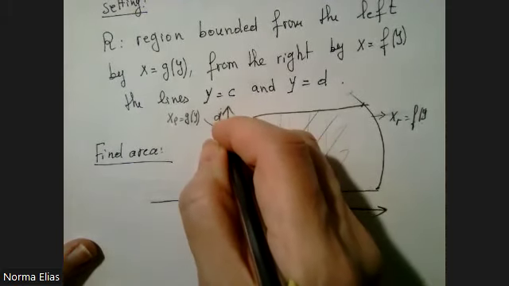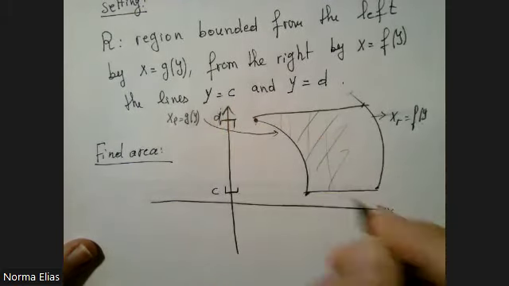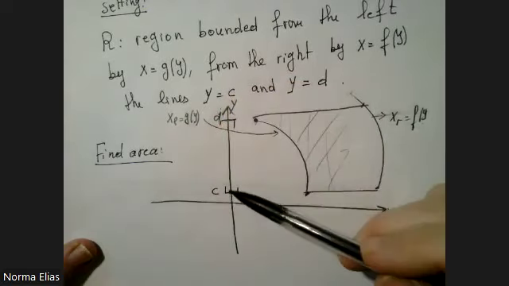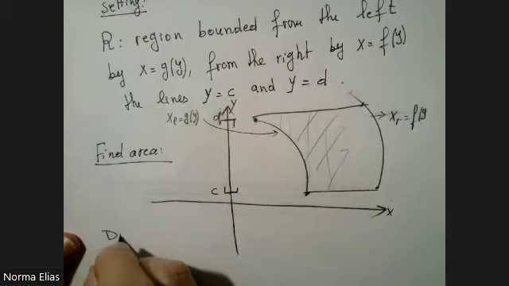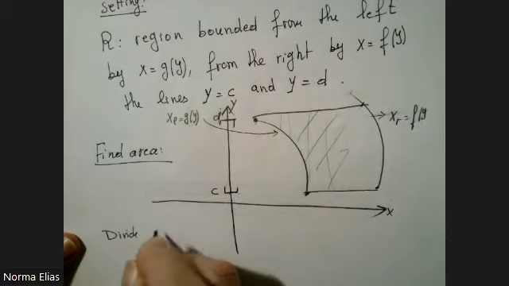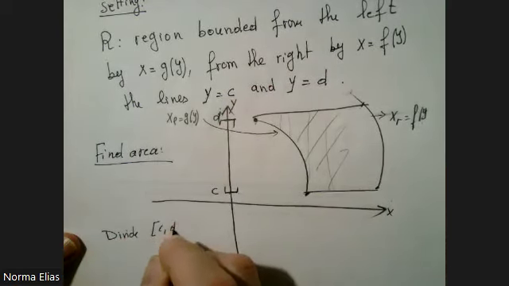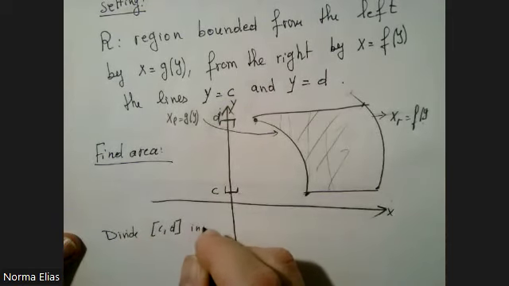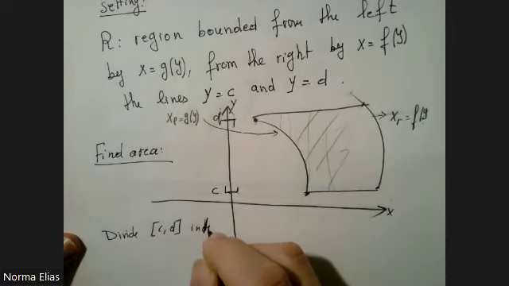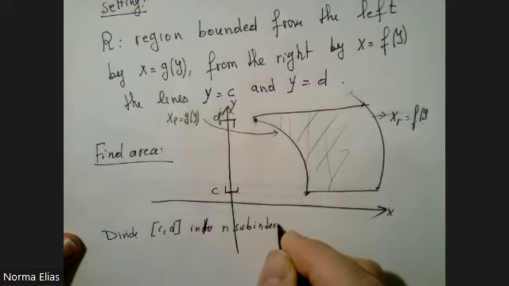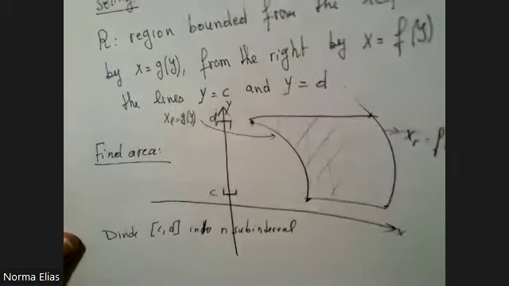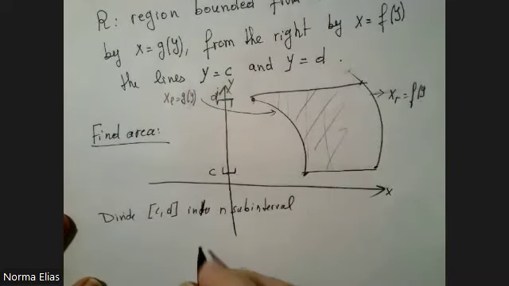So everything I did in the x-axis, now I'm going to change it. So I have to divide CD into pieces. So this time we're going to divide the interval CD into n subintervals. And now there is no more delta x.